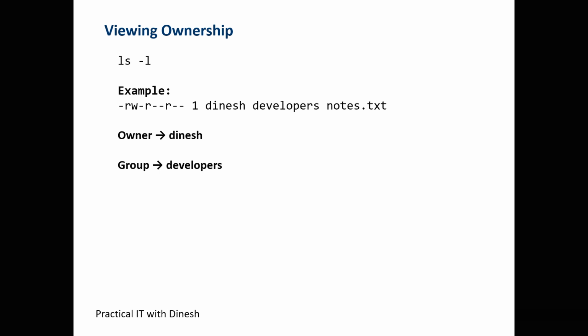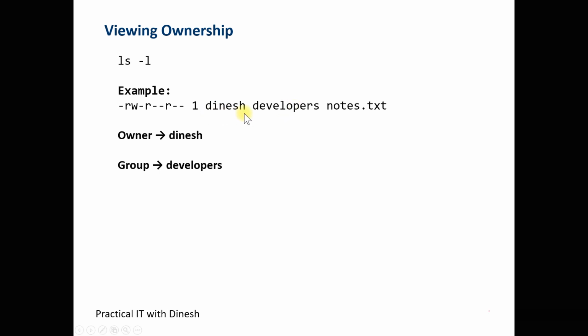We have already seen this command in previous videos. Today let's focus on two columns, the owner and the group. This is the file owner, and this is the group that owns the file.